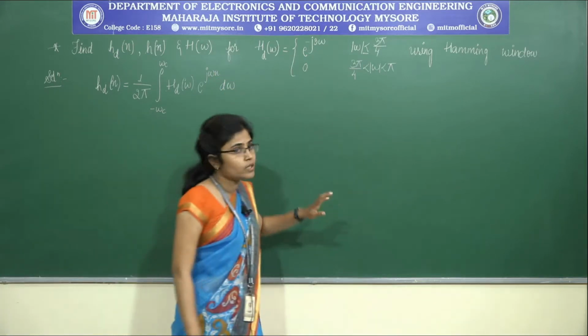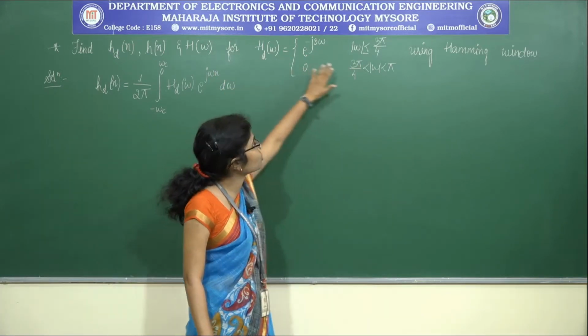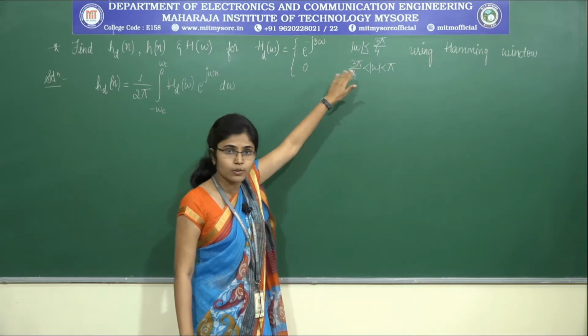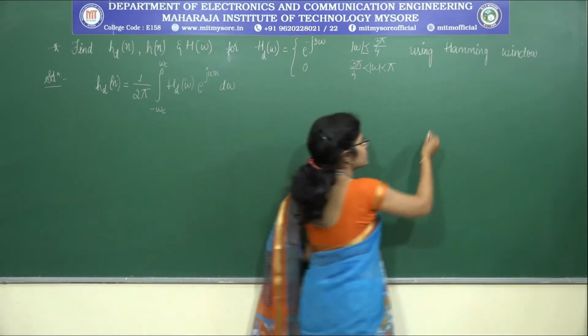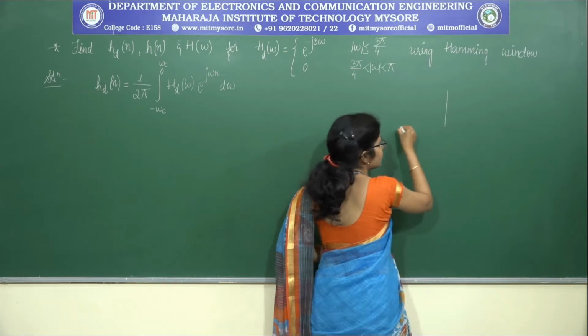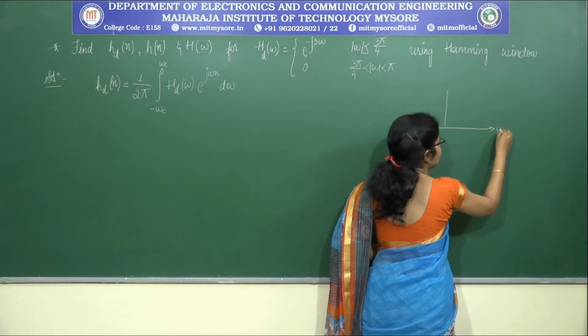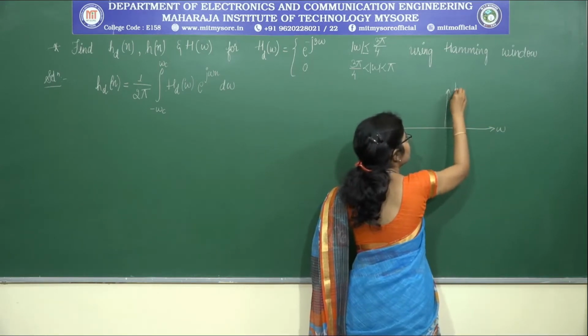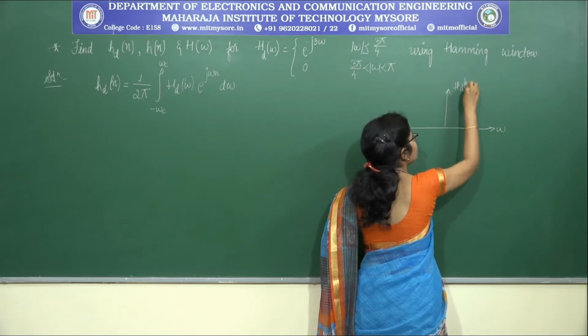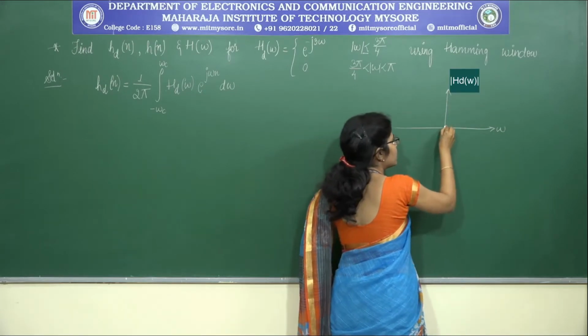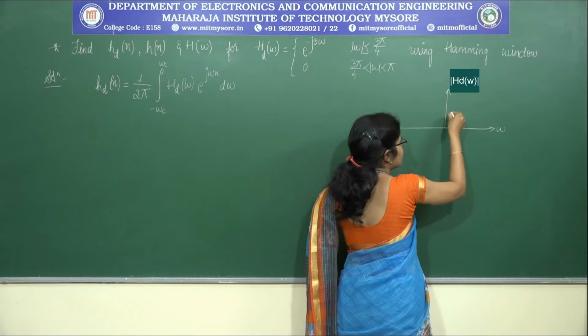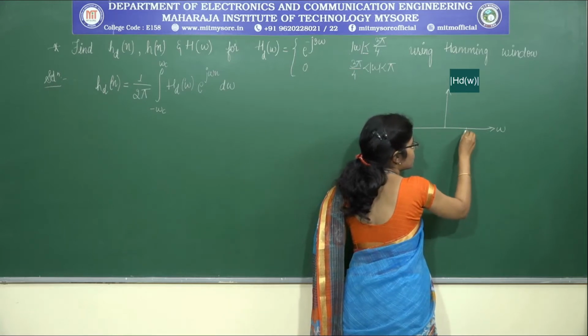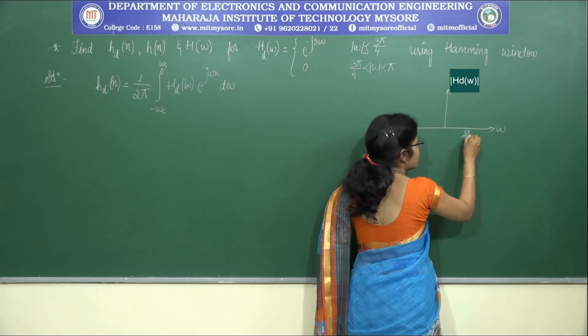What they are telling is we have this response for omega less than or equal to 3 pi by 4. If I draw the plot of omega with respect to Hd of omega, it is present for omega less than 3 pi by 4, let me assume 3 pi by 4 is here.